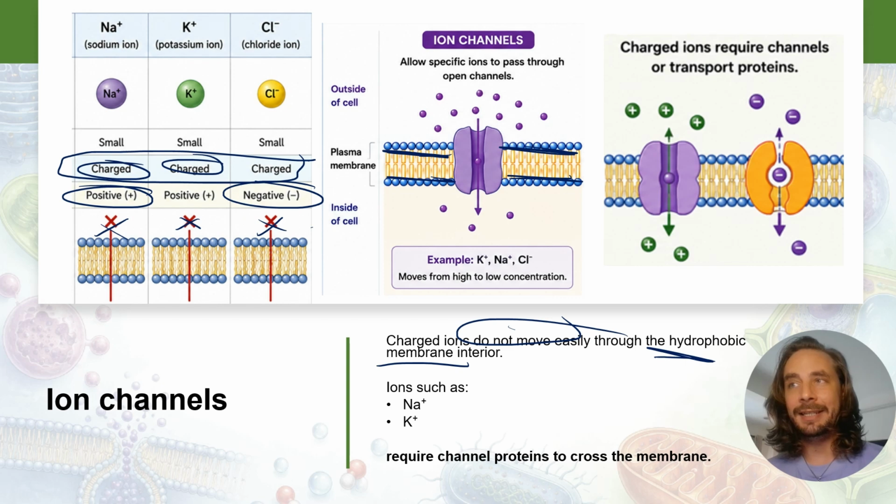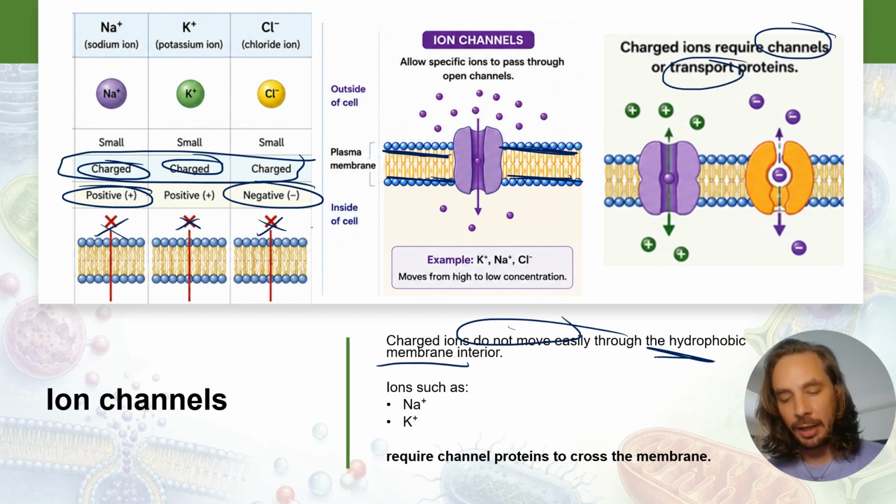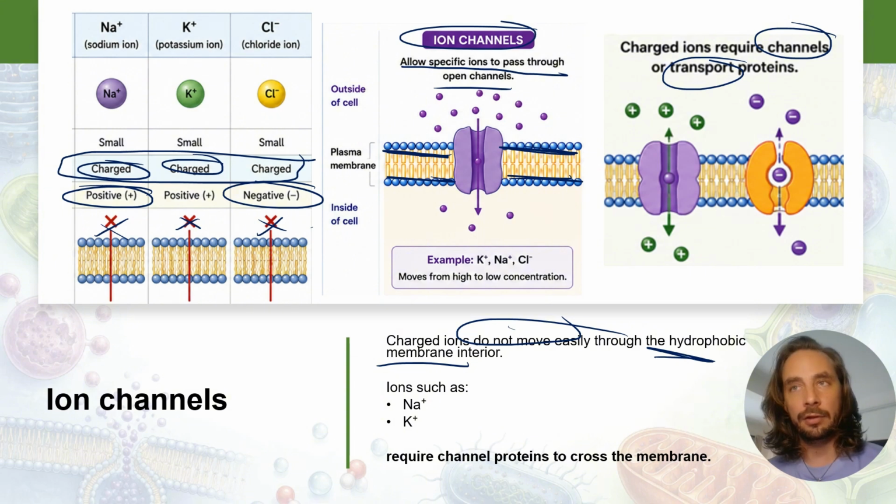They need a transport protein or a channel. Ion channels allow specific ions to pass through. So it's very specific. This protein channel can, for example, pass through just potassium, or just sodium, or just chlorine. It is very specific in the ions that can move through this protein.